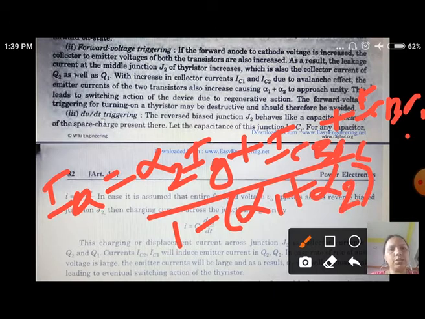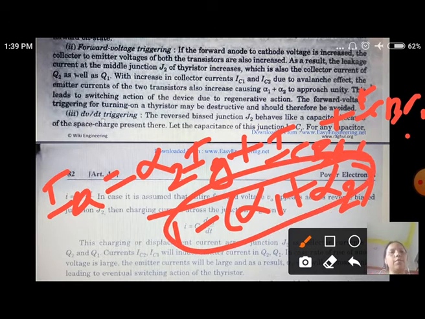This is the part we require. After the increase in emitter current, alpha 1 plus alpha 2 approaches unity. This leads to switching action of the device due to regenerative action.